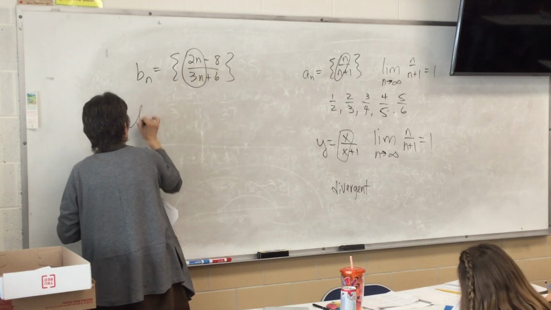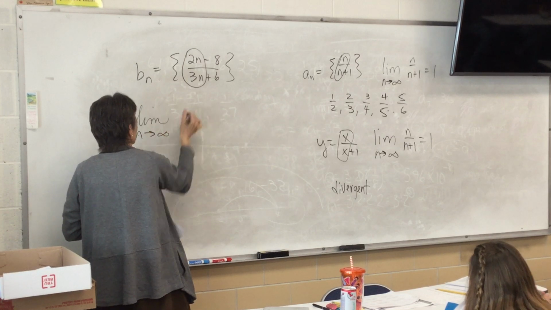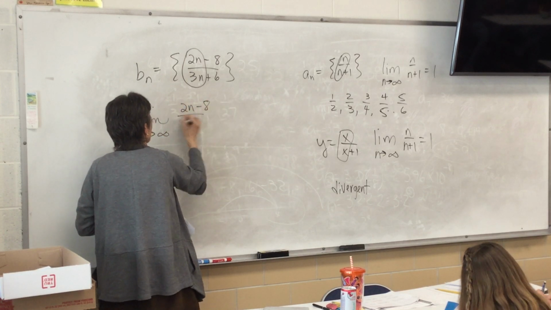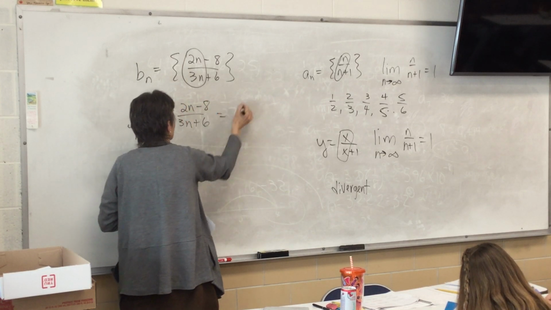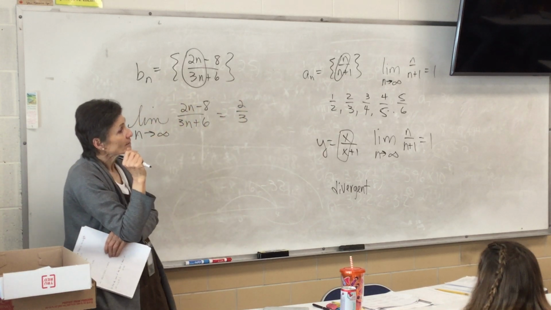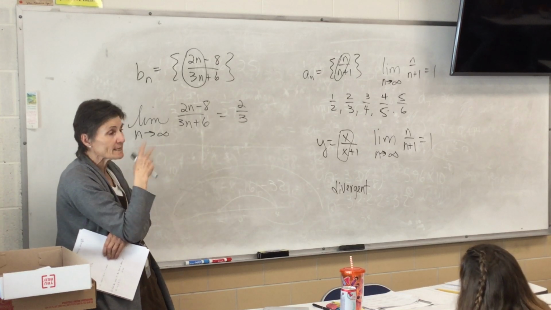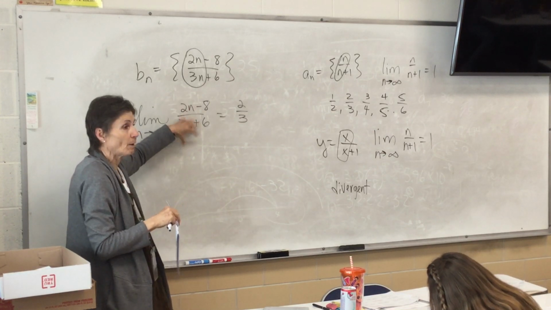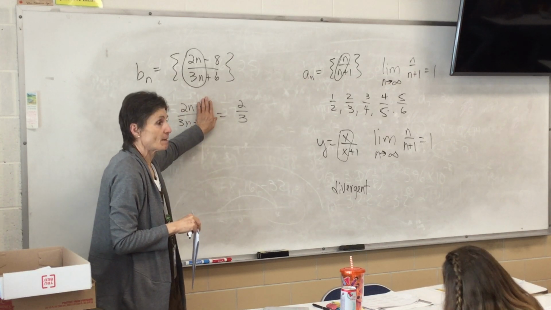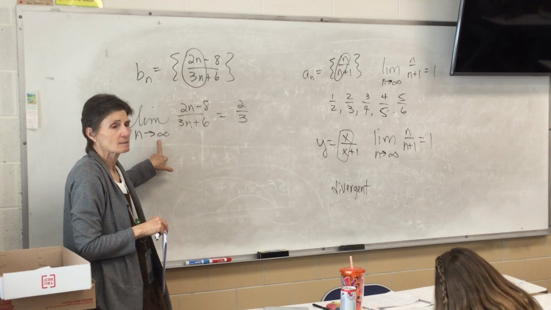So the limit as n approaches infinity of 2n minus 8 over 3n plus 6 is 2/3. Notice that when I'm doing the limit, just like when I did the horizontal asymptote, the only thing that matters is the n part. I'm not concerned about these numbers because I'm letting n get really big, like millions.